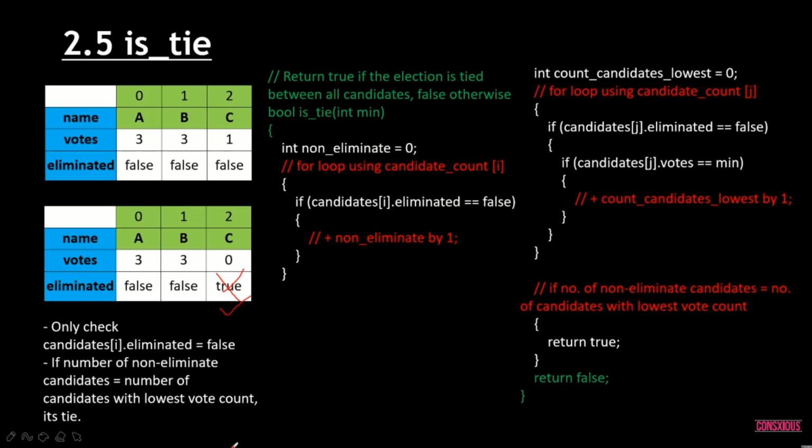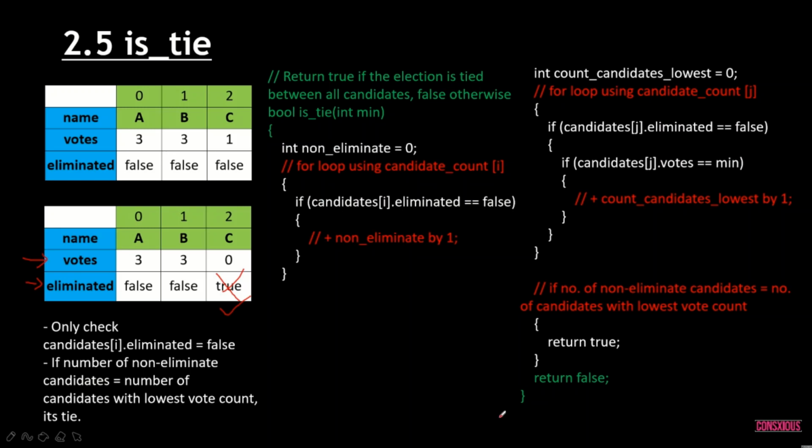So how are we going to check whether it is a tie or not? Basically, if the number of non-eliminated candidates, for example this, is equal to the number of candidates with the lowest vote count, this. So if the number of candidates with the minimum vote count is 2, and the number of candidates with eliminated false is 2, both are equal, which means they are tied here.